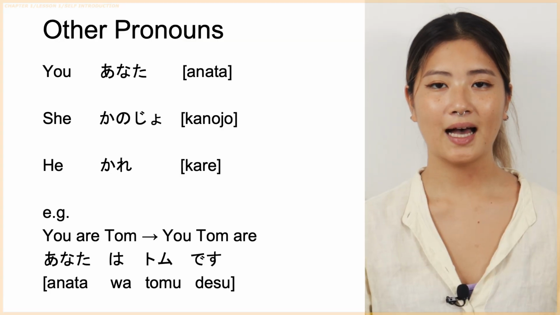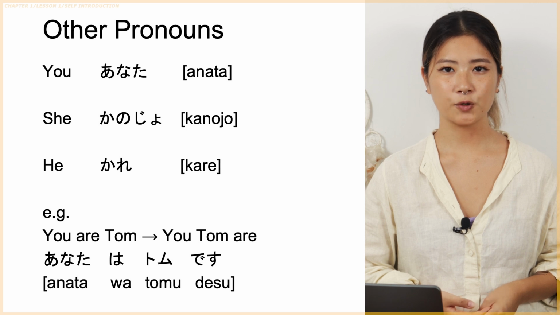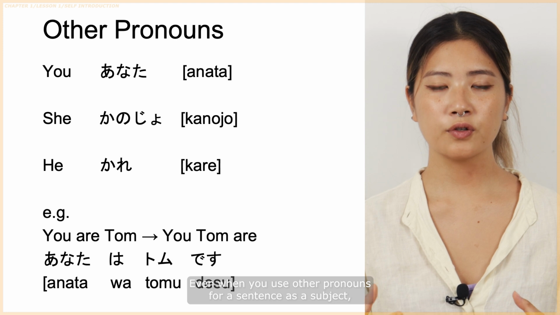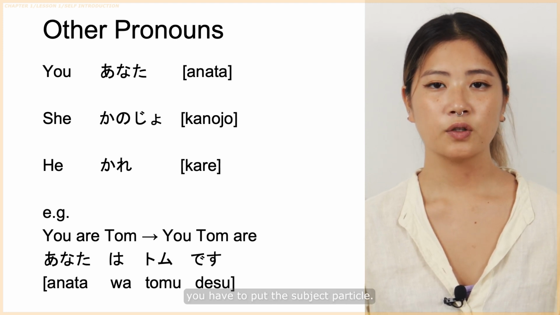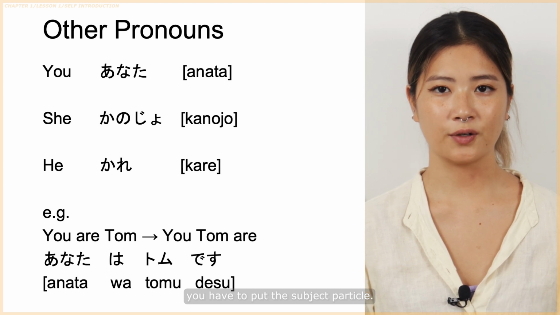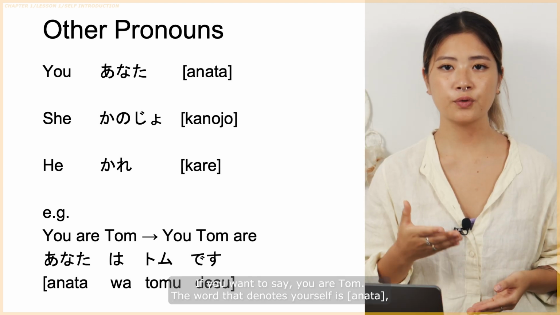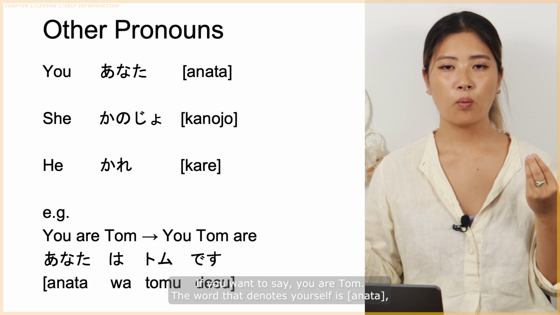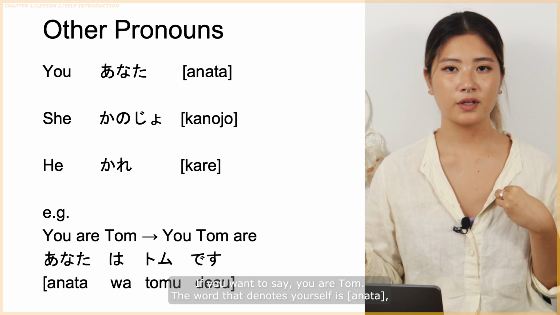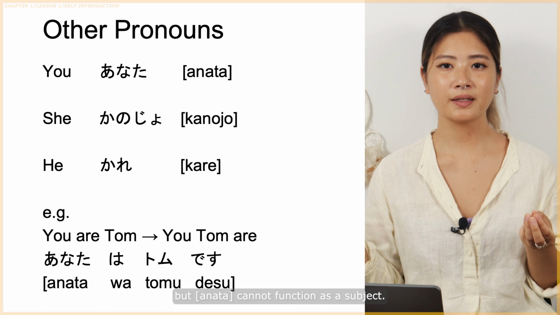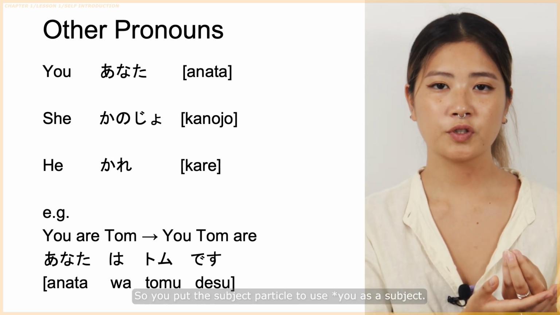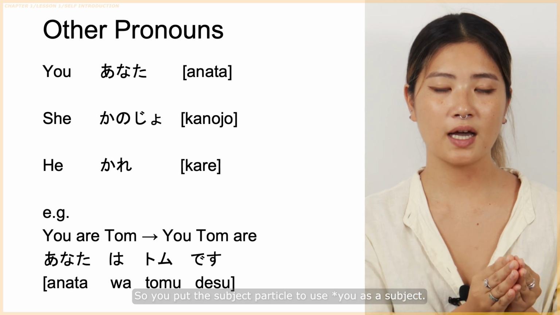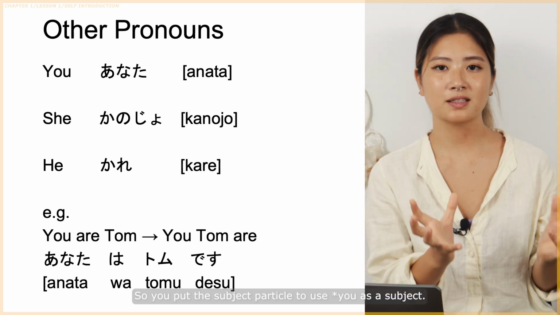You is あなた. She, 彼女. He, 彼. And even when you use other pronouns for a sentence as a subject, you have to put the subject particle. For example, if you want to say you are Tom, the word that denotes yourself is あなた, but only あなた cannot function as a subject, so you put the subject particle to use it as you as subject.